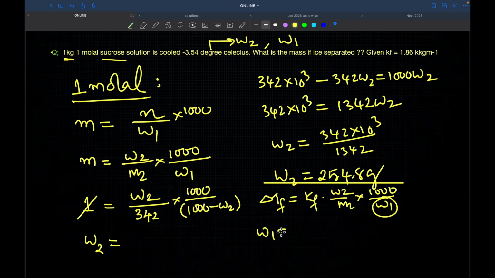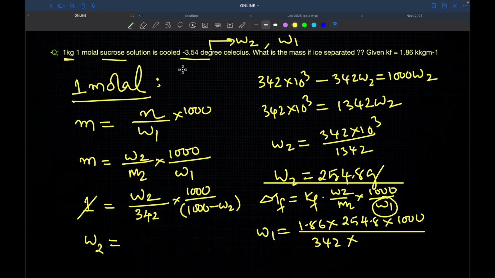So W1 equals KF, which is given, 1.86, into W2 which we just calculated, 254.8, multiplied by 1000, divided by the molar mass 342 multiplied by delta TF, which would be 0 minus (-3.54), so it is 3.54. Solve this and you will get W1.